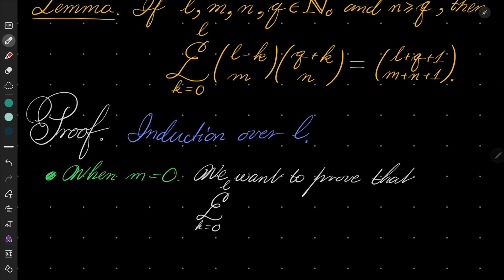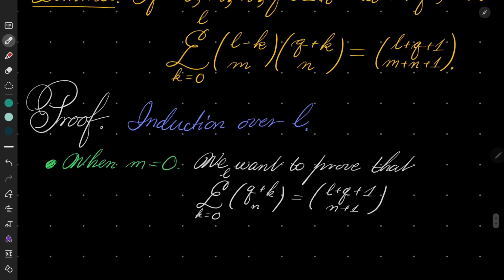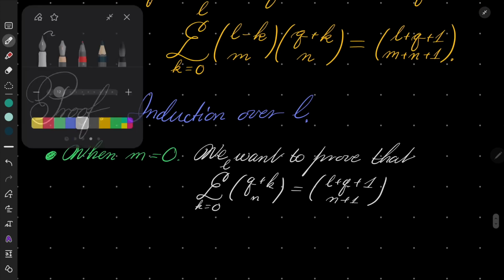It's 1 to be exact. So I have the sum of q plus k choose n. It should be equal to L plus q plus 1 choose n plus 1. So I have to prove that first, by induction, as I said.